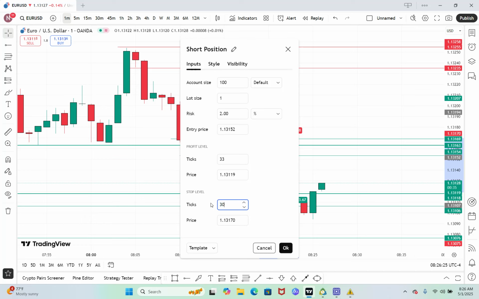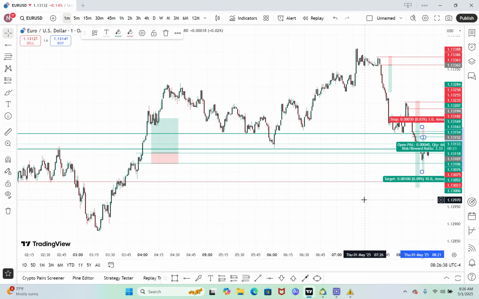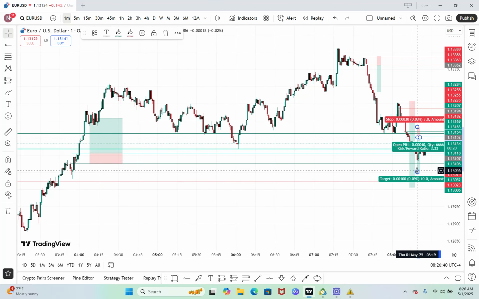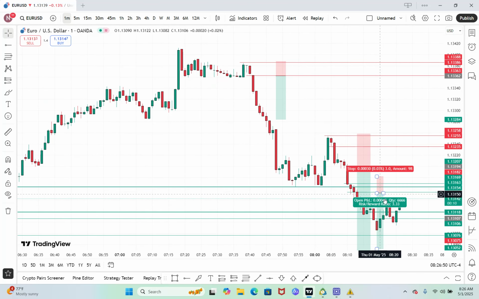Can't risk less than 30 pip. So this is a small trade, 30 pip to make 100 pip. Let's see if the market went away 100 pip. No. So for this trade, the market didn't go away 100 pip, so we're not going to take this trade.